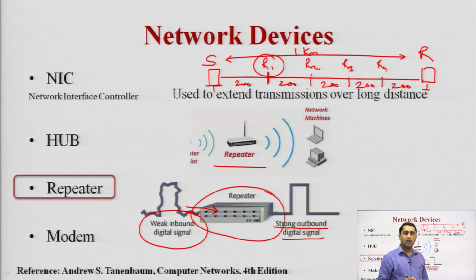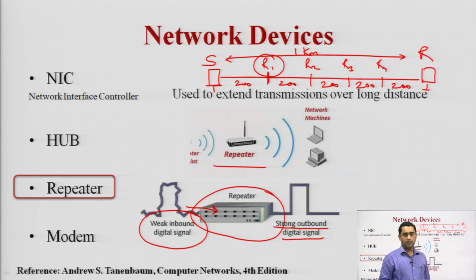Now, repeaters are also modified, and there are so many devices which we can add at our workplace or home to extend the Wi-Fi range. Suppose I have placed a Wi-Fi modem at my home and the range is say 10 meters, and after 10 meters it won't work properly.